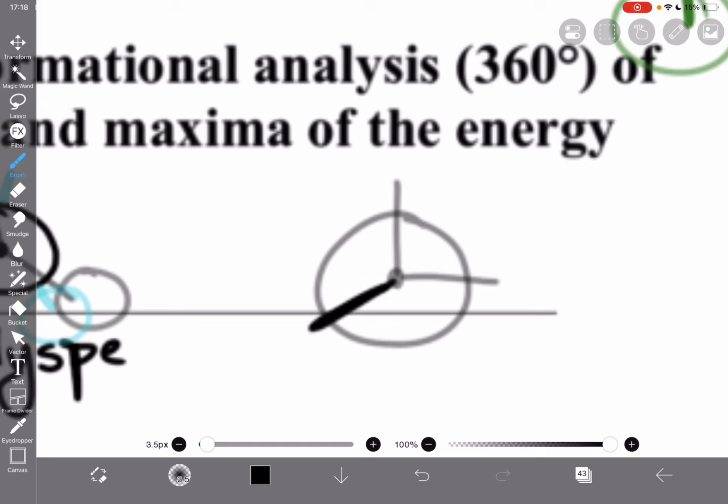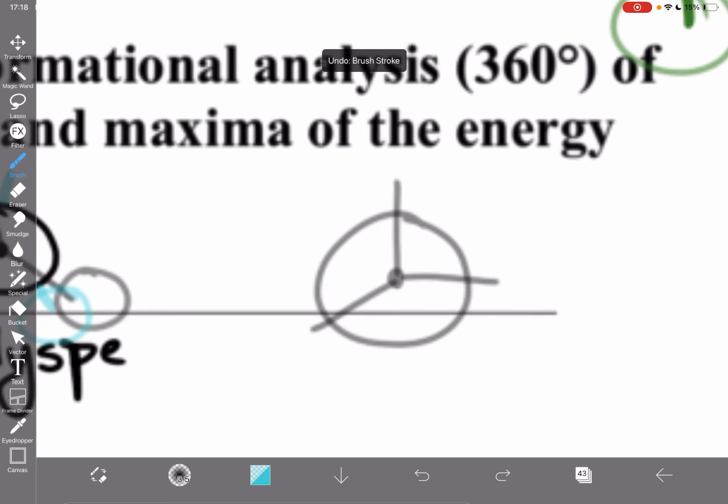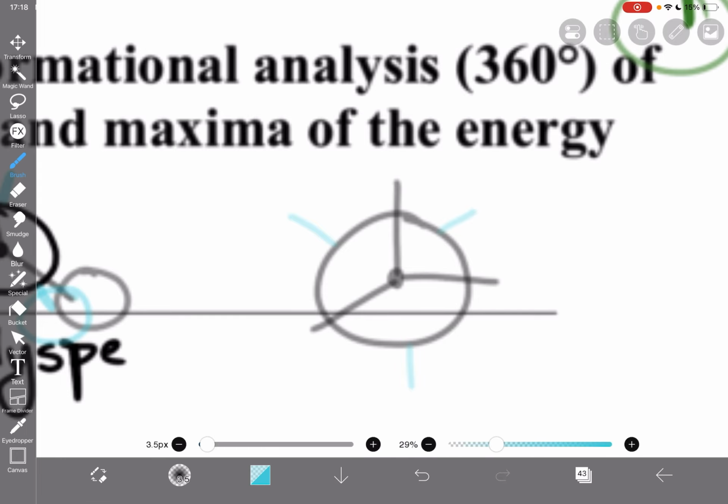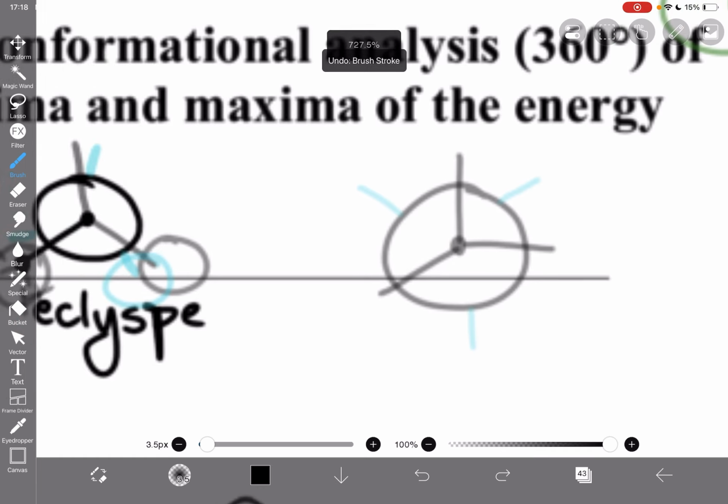Our carbon could be here, here, and here. And let's say we're not rotating our hydrogens in the back. So we could have it here, here, or here. That gives us 3 positions in our staggered version.